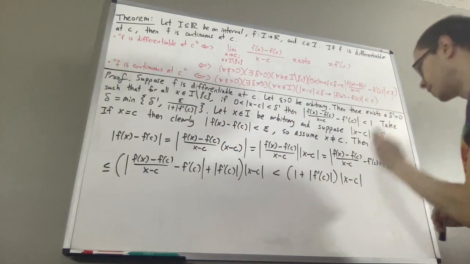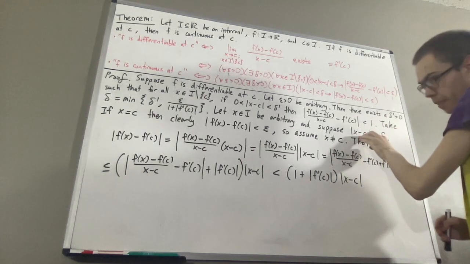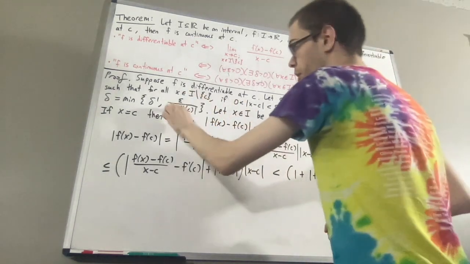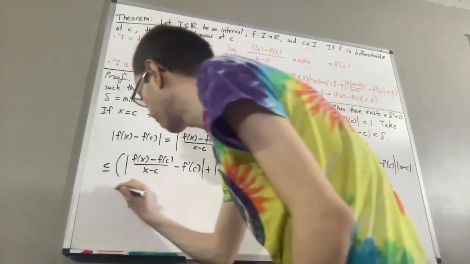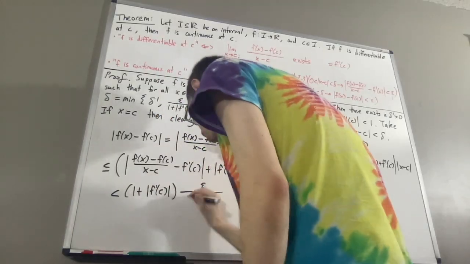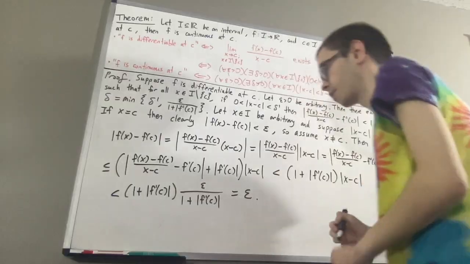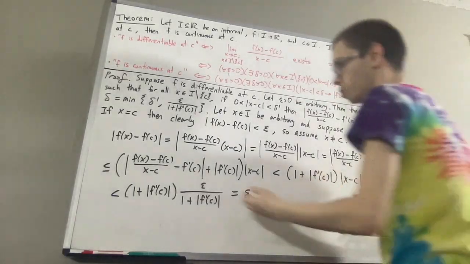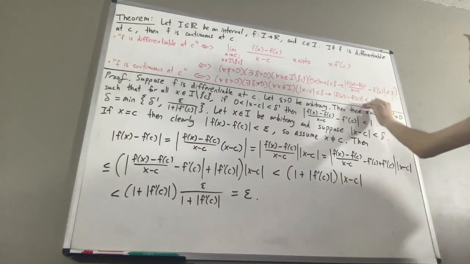So, since absolute value of x minus c is less than delta, that tells us absolute value of x minus c is less than epsilon over 1 plus absolute value of f prime of c, which means we obtain this, which is equal to epsilon. And so this shows we have absolute value of f of x minus f of c is less than epsilon, which is exactly what we want.